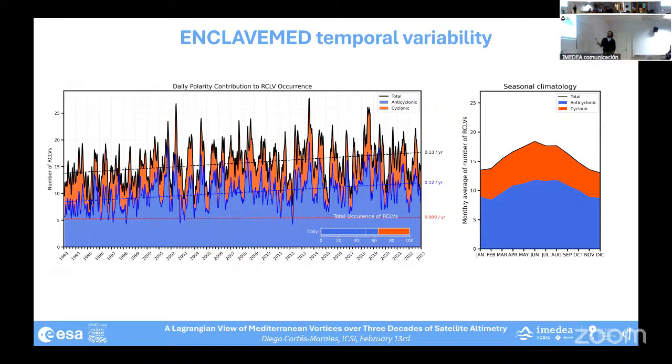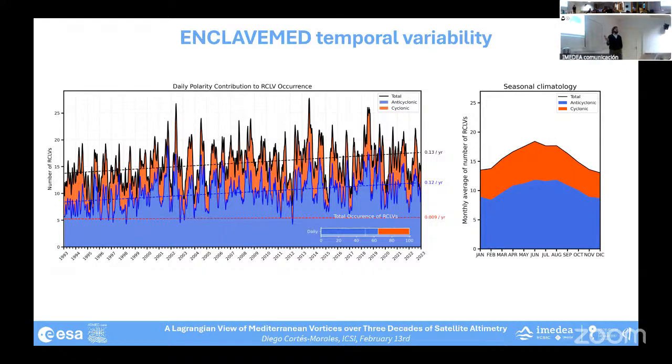Also, as we have seen before in the sensitivity study, we have an asymmetry of polarity, with more dominance of anticyclonic than cyclonic eddies. Also, we have found a positive trend in the number of eddies found in the Mediterranean Sea.